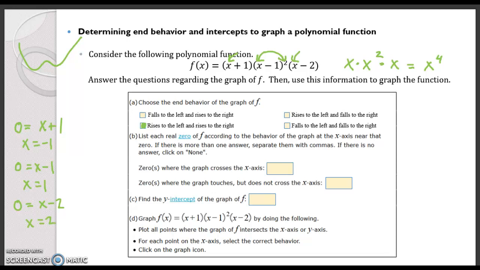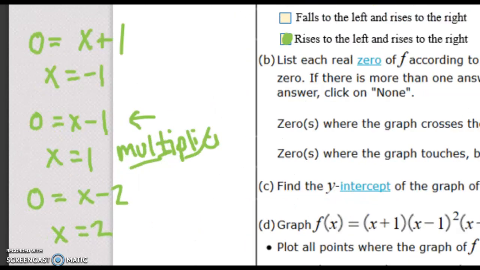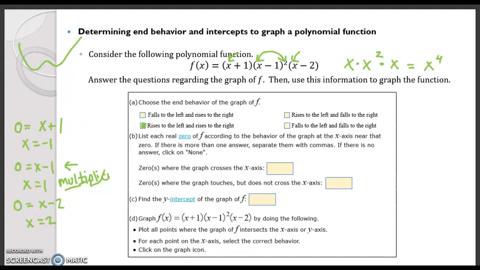But this one has a multiplicity of 2. So that means it has an even multiplicity, and that means it touches but does not cross.